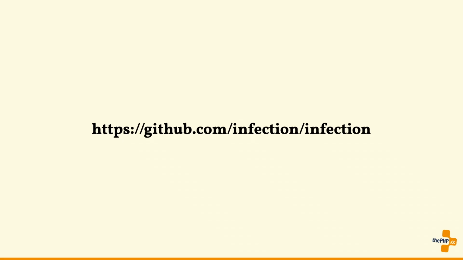Mutation testing is a much more pragmatic approach, and it's much faster to execute. Because that's the biggest problem with path coverage. It makes your test execution really, really slow.